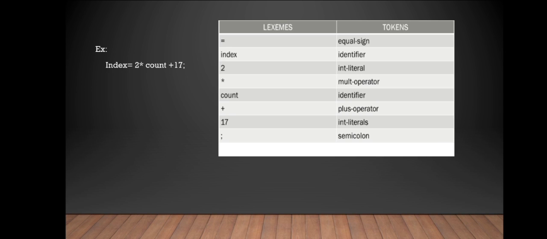Index is considered as identifier in tokens. 2 is considered as int literal. Times is considered as multiplication operator. Count is considered as identifier. Plus is considered as plus operator. 17 is considered as int literal, and semicolon is considered as semicolon.